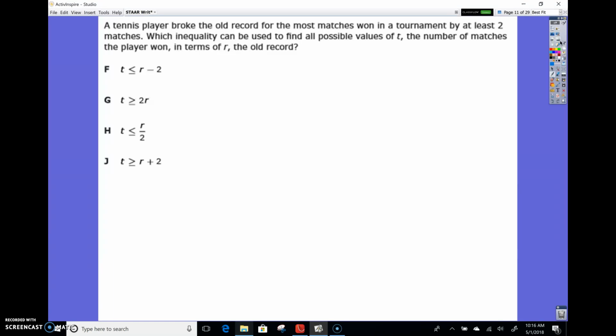So that means he won it by 2 more. r is the old record, so you're adding 2 more because he won it by 2. The other thing we need to know is the word at least. Remember, at least is greater than or equal to.